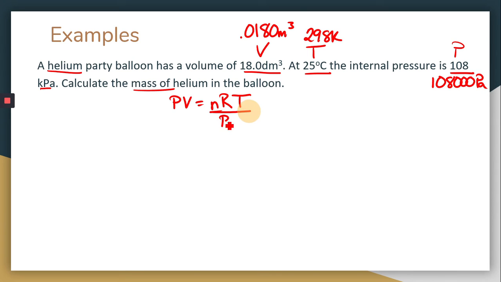So then we can plug it in and solve for our missing variable. If you wanted to do it prior to plugging numbers in, before it gets too confusing, you can divide by RT on both sides to get n by itself.